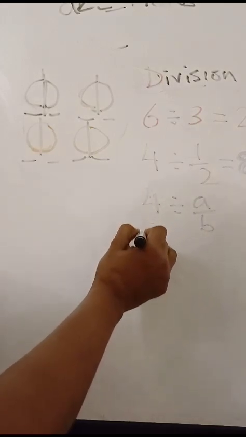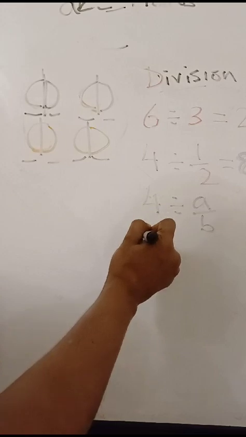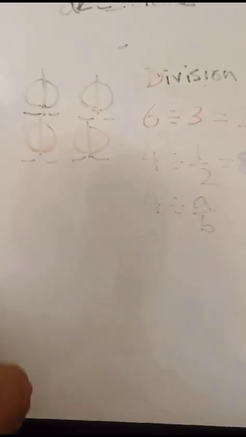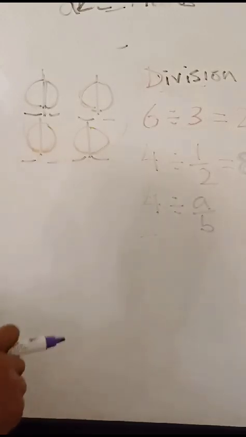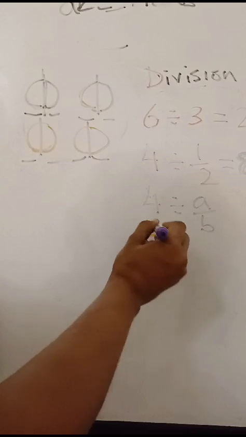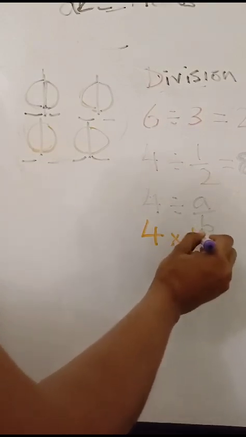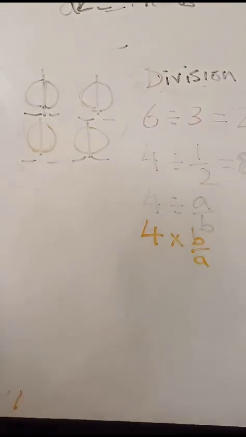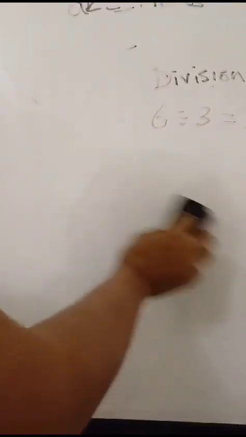So that will be 4 times b over a. Always in fractions, try to imagine slicing a pizza into groups, always.